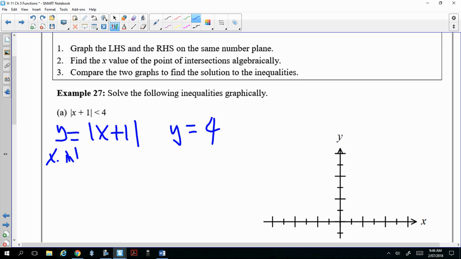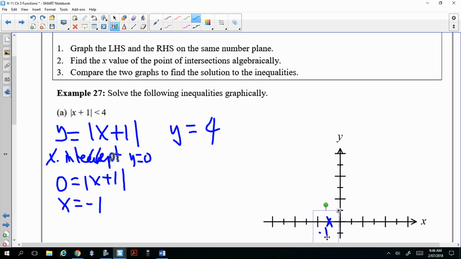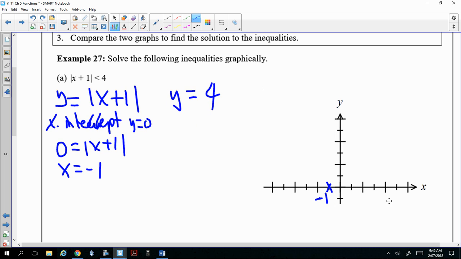Find where -1 is, and once you do that, you draw a V shape like this. Then you draw y equal to 4, which is a horizontal line, 1, 2, 3, 4. And you have to find where they cross.